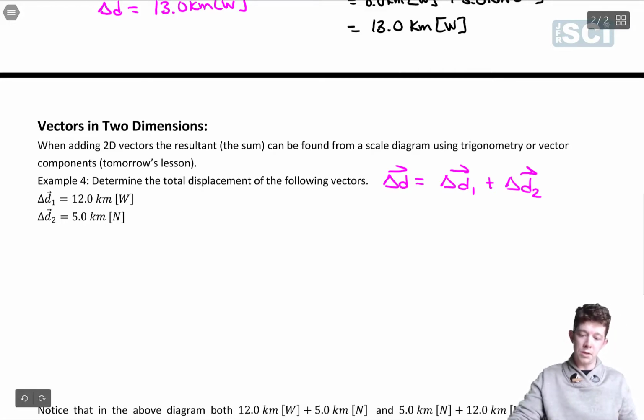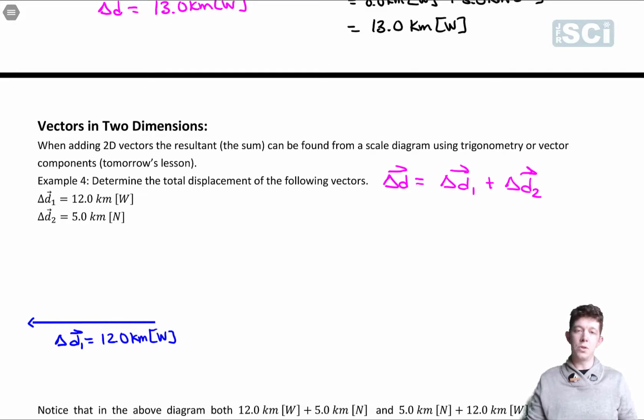So D1, I'm going to draw in blue. So I have 12 kilometers west, and I'm going to put an arrowhead on it. So this is delta D1, and it's 12.0 kilometers, and it's west. And on the end of that vector, so at the end of delta D1, I take on a new path, and it's going to be 5 kilometers north.